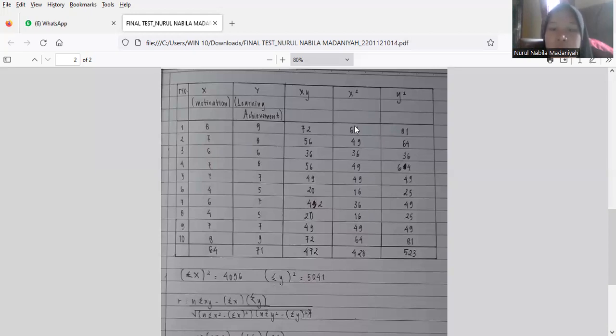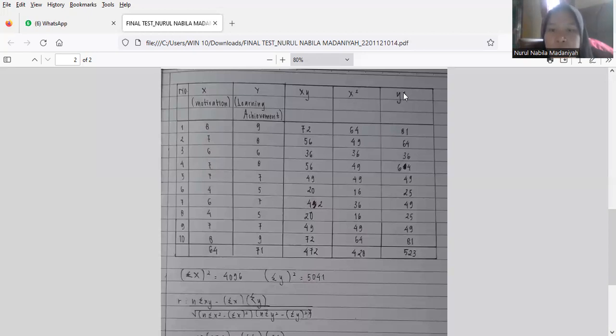How can I get the answer 64? Because I take it from the x, and we have x quadrat, and 8 times 8 is 64. 7 times 7 is 49. 6 times 6 is 36, and etc.